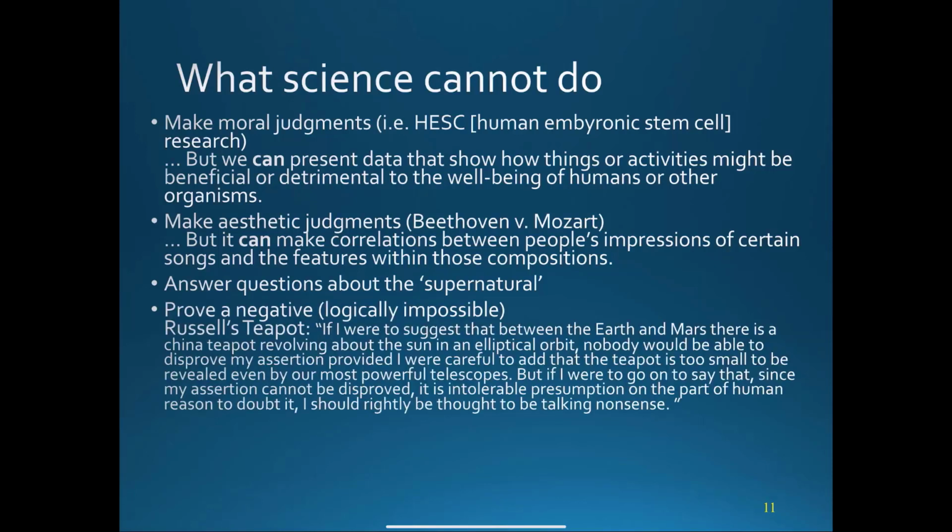We also can't prove a negative. This one is always a little bit funky to describe, but basically what's going on here in Russell's teapot is that someone has suggested that there's a thing that is not observable, and so it's probably there. And so we can't prove or unprove something like that where the conditions are such that it's not observable.